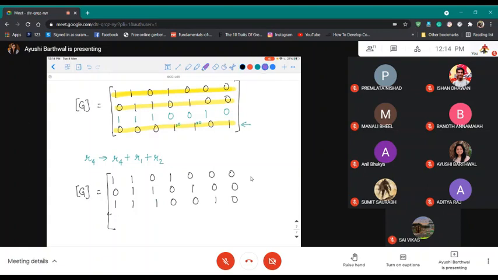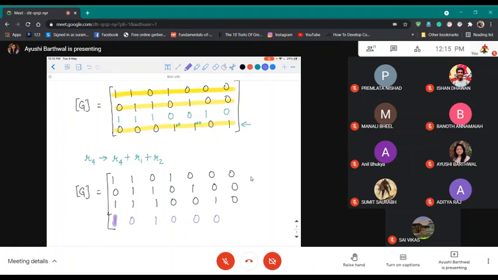So let's add them. 1 0 0 would be 1. It would be 1. 1 1 0, we have an even number of 1s, so it would be 0. 0 1 0 would be 1. 1 0 1, even number of 1s, it would be 0. 0 1 1, even number of 1s, it would be 0.